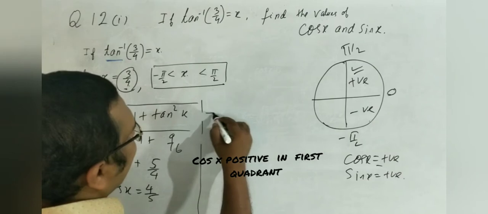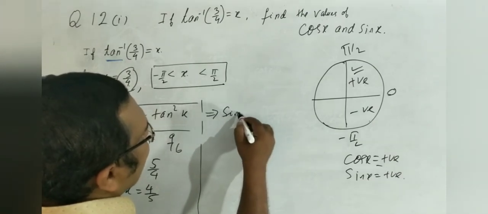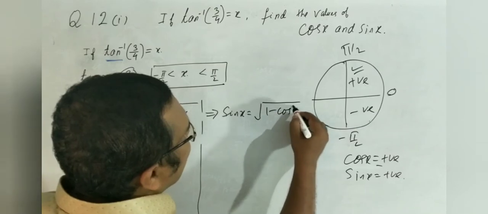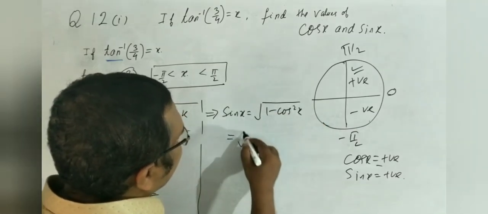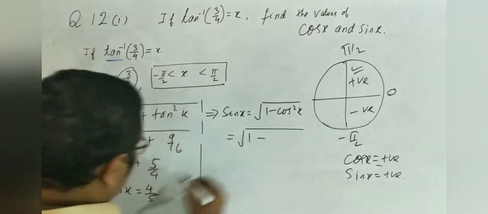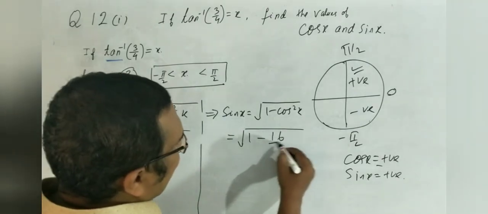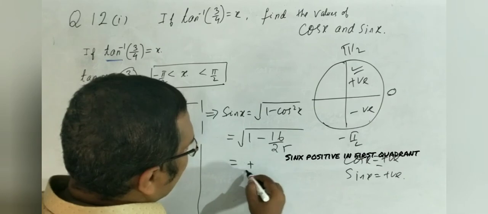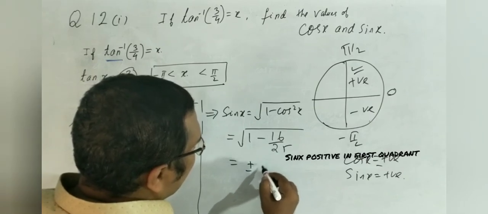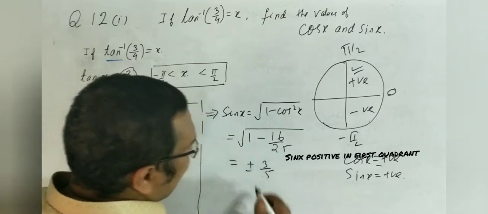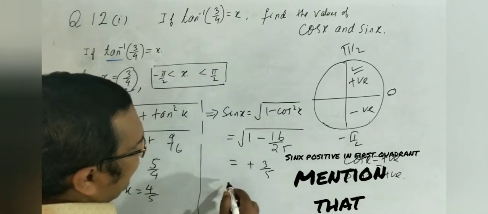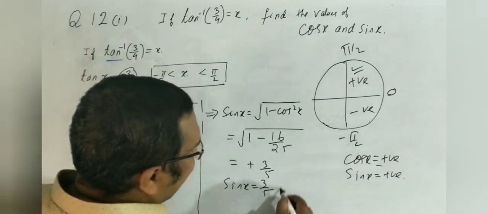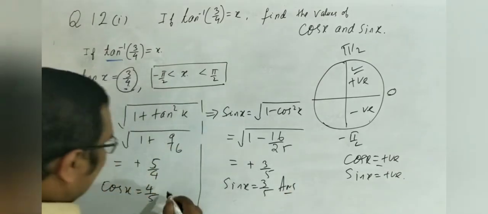What is sin x now? Sin x is root of 1 minus cos square x. Since it is positive, I take sin x as 3 by 5. Answer.